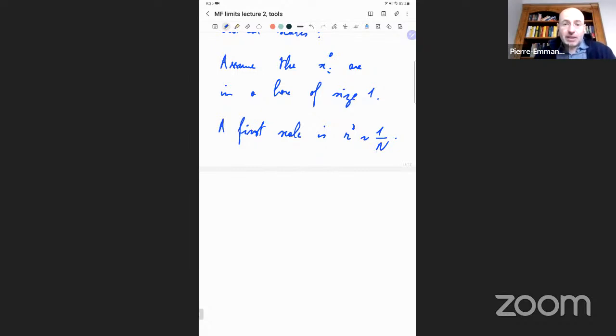So clearly, if the radius is that large, right, then you're in trouble. So cubic root, right, and this is 1 over n to the 1 over d in dimension d, right?